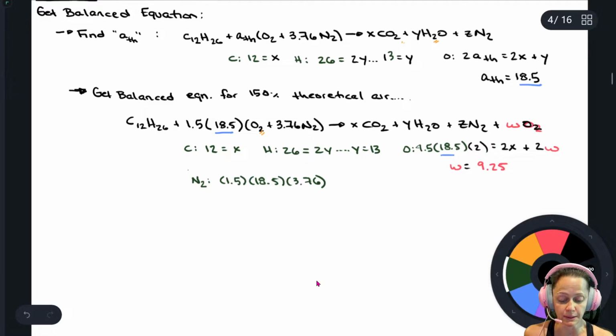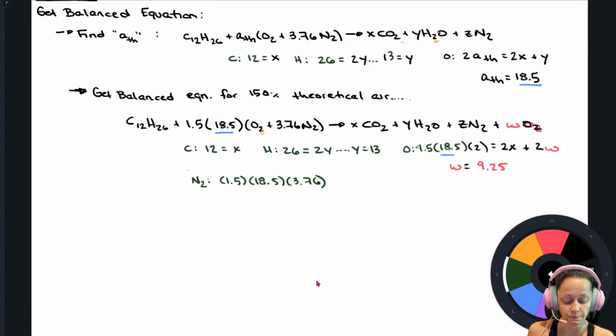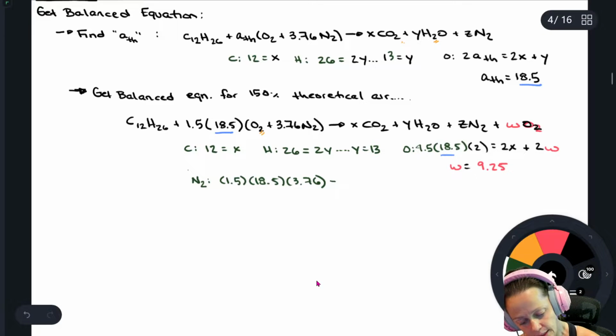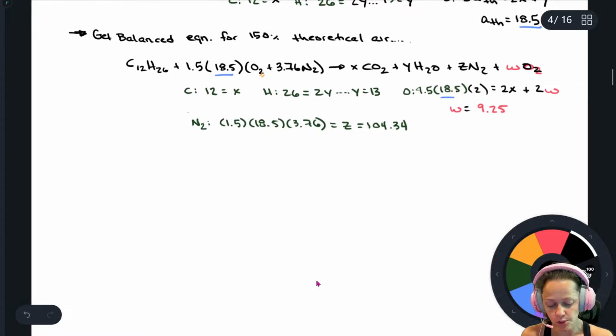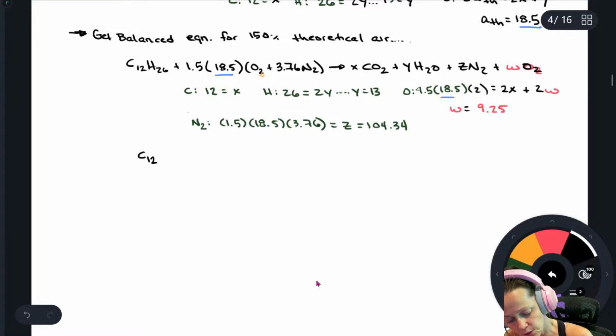I'm not multiplying it by 2 because I'm just doing the mole balance on that diatomic nitrogen. And this is equal to just Z, which ends up being 104.34.